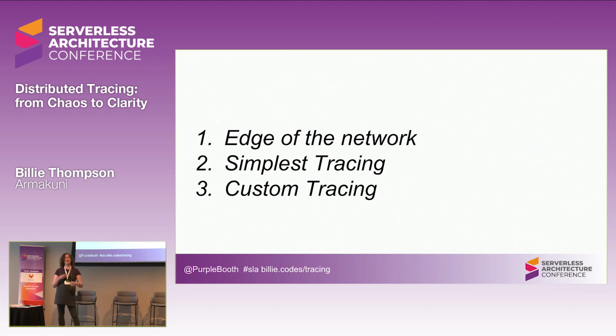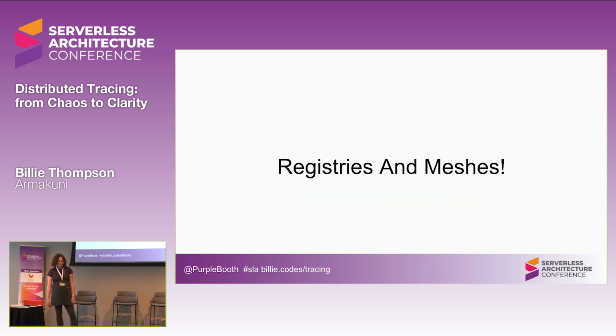And next, we're going to do some simple enabling of tracing inside a Python application, and then I'm going to show you how, if you don't have any instrumentation available, you can add your own instrumentation to a specific call of particular interest. So use registries and meshes for this. I'm sure a lot of you are using these already, but they almost all come with tracing for free.